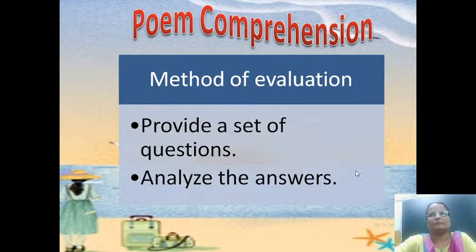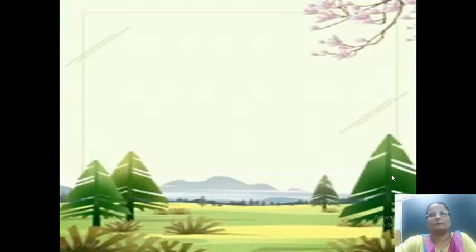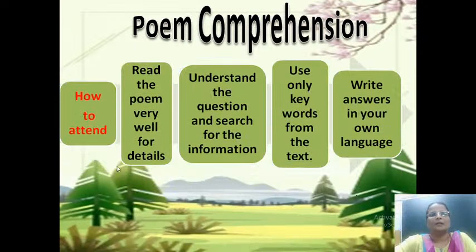Now, how to attend the poem comprehension is what we discussed in the last class. The first thing to do is read the poem very well for the details. First you should read fast to understand the general ideas.